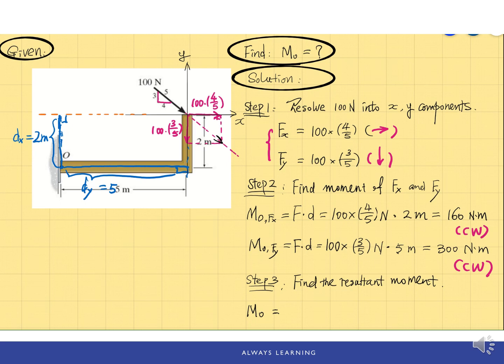So together, they will cause a stronger rotational effect, which will be 160 plus 300 is 460 Newton meter, and indicate the direction, which is clockwise rotation.